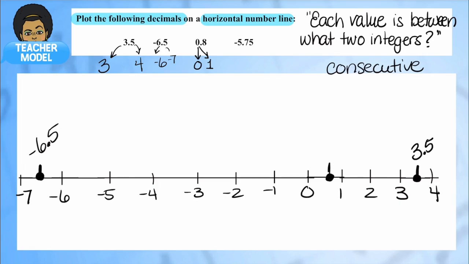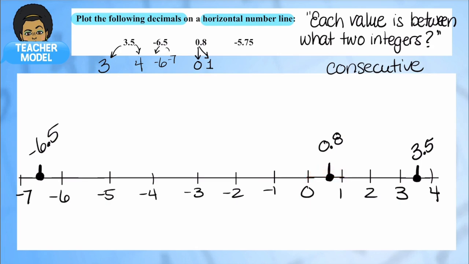How do I know it wasn't 0 and -1? Think about that. How do I know that? Big hint, because it's a positive number. If it was a negative number, then I know it would be between -1 and 0. But because it's positive, I know it has to be here. And it has to be greater than 0, so I know I'm going to the right.